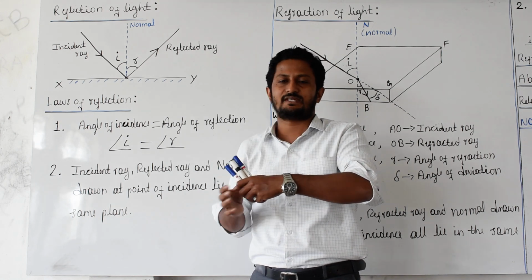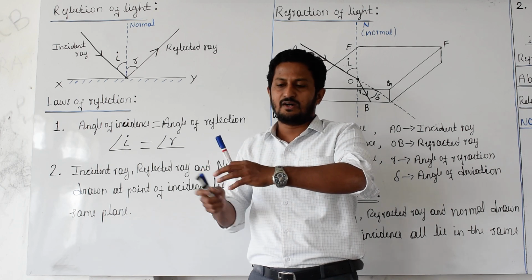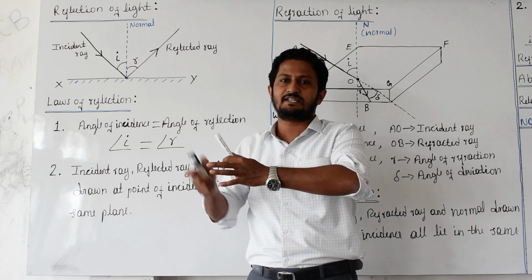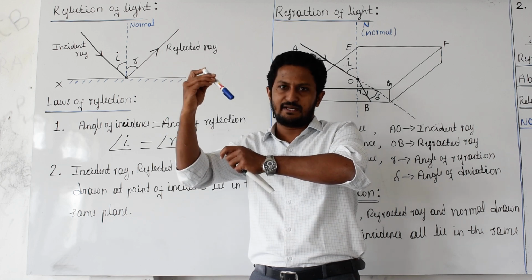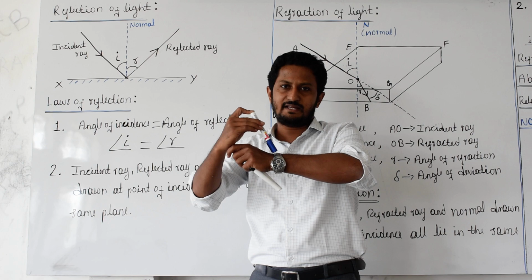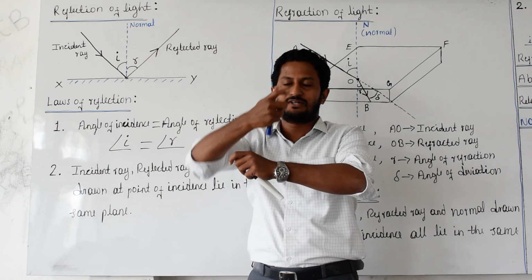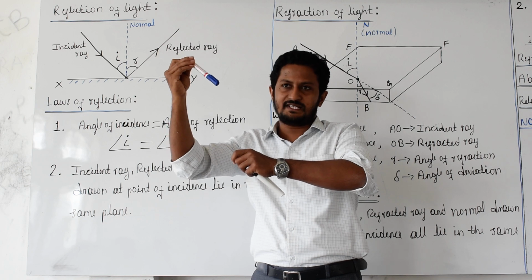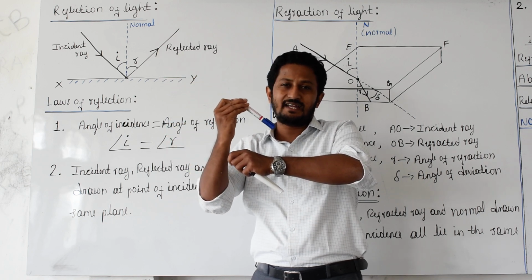Now what I mean to say, you see here, this is our interface. Now I am going to take this light ray which is coming like this. In which plane is it coming? The xy plane, the vertically held sheet. You treat this incoming light as being along the xy plane.